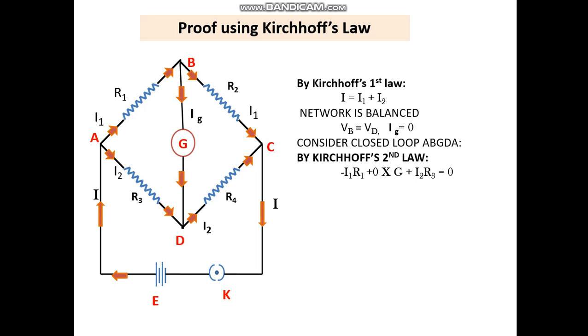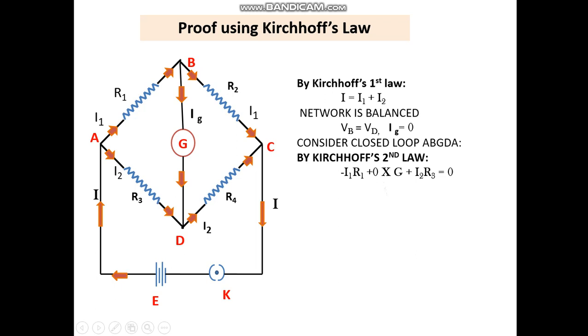It is in the direction, therefore it is negative, plus Ig G. Ig is 0, so we write 0 into G, plus I2 into R3. Potential difference across R3 is I2 into R3, and since it is positive, we write plus.